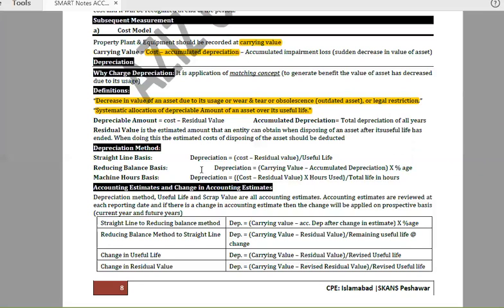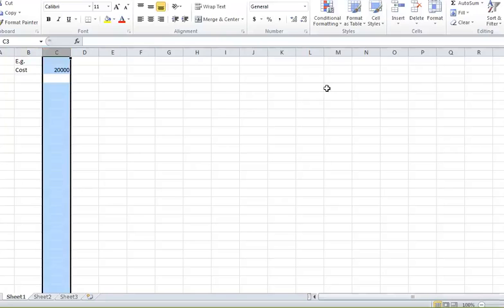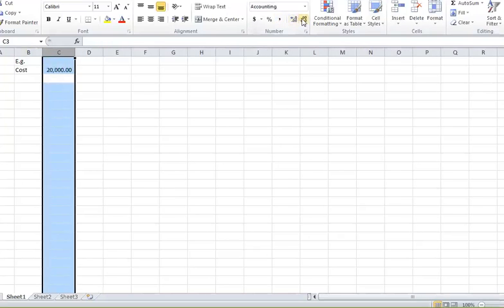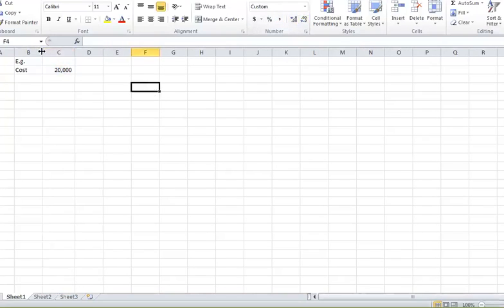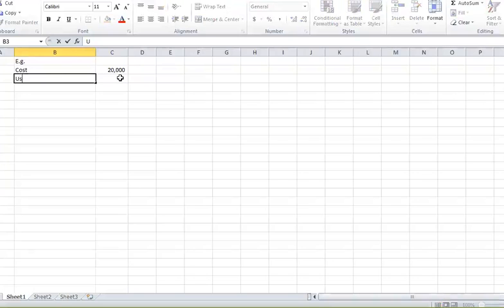So, for example, suppose we have purchased an asset and its cost is £20,000 and its useful life is say 5 years.